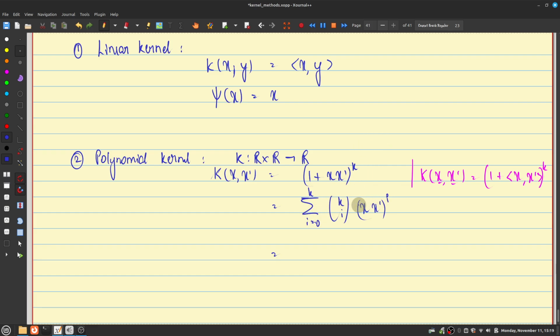I want to write this as the inner product between two k plus 1 dimensional vectors. But then I have this k choose i.